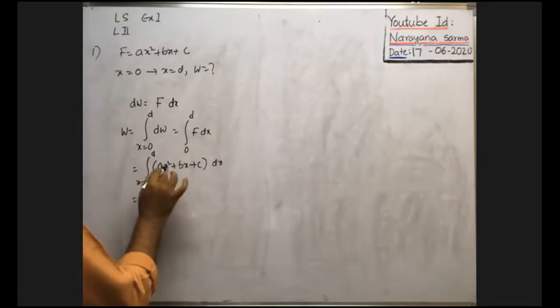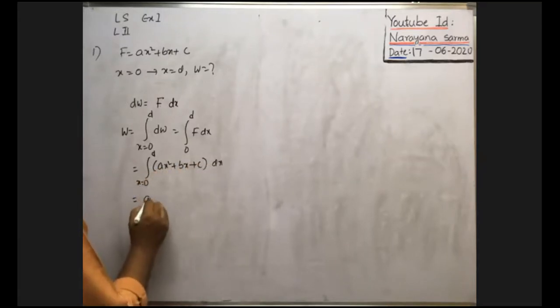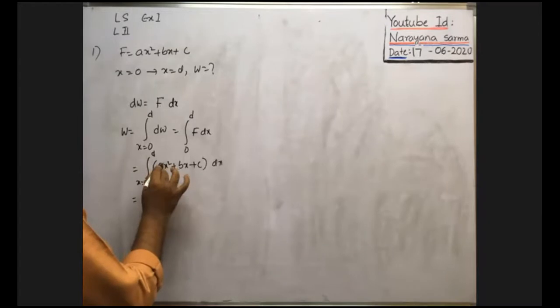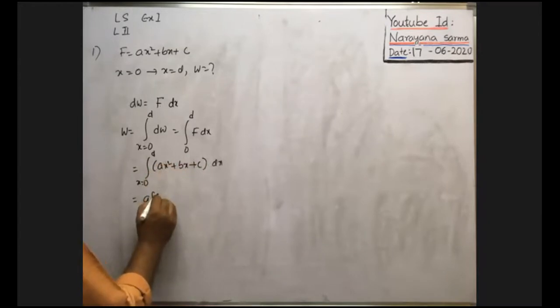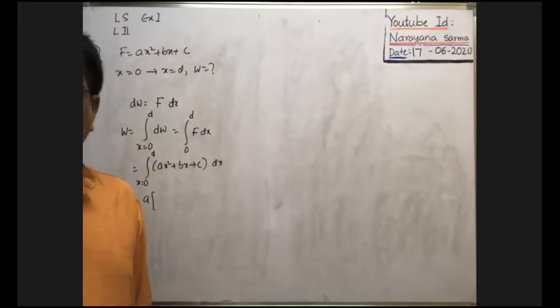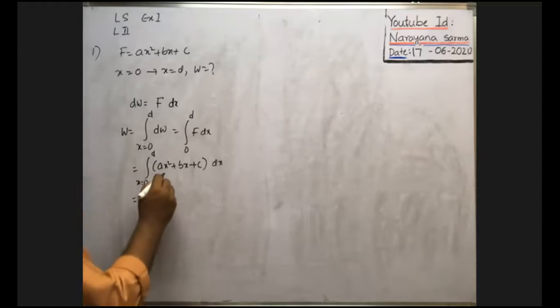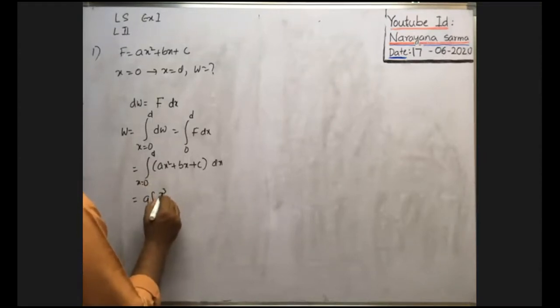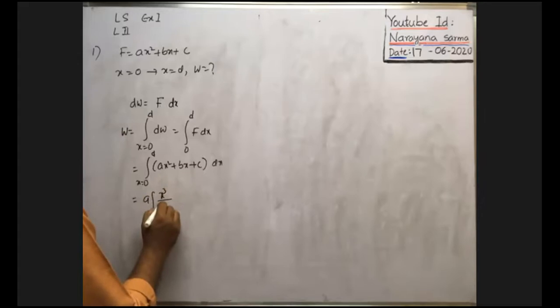First, integral ax square into dx: a is constant, you keep it aside, into integral x square dx. Integral x square dx is x cube by 3, because the power is raised by 1 and whatever power you get, you write in the denominator.